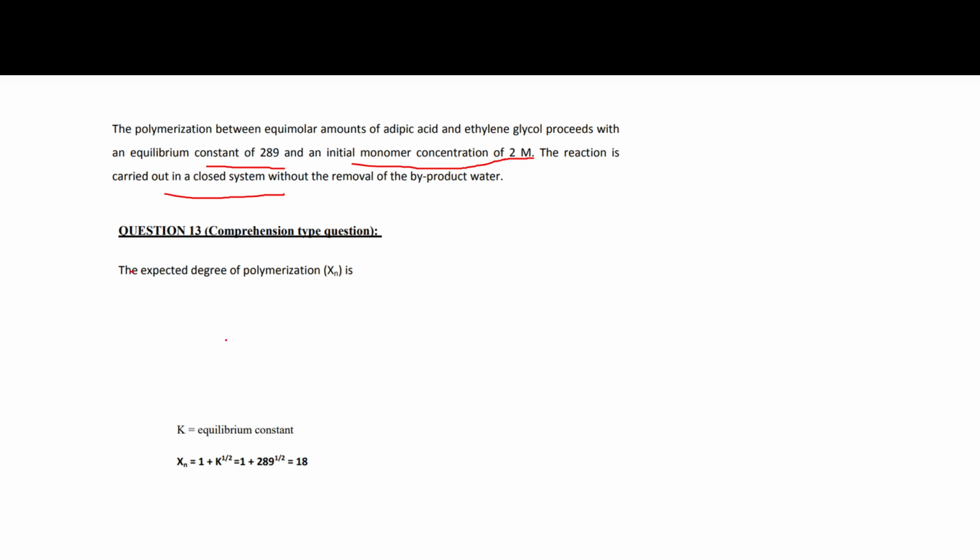The relation between the equilibrium constant and degree of polymerization is Xn equals 1 plus K to the power half. The K value is already given, 289, so Xn equals 1 plus 289 to the power half, which is 18. So the degree of polymerization will be 18.